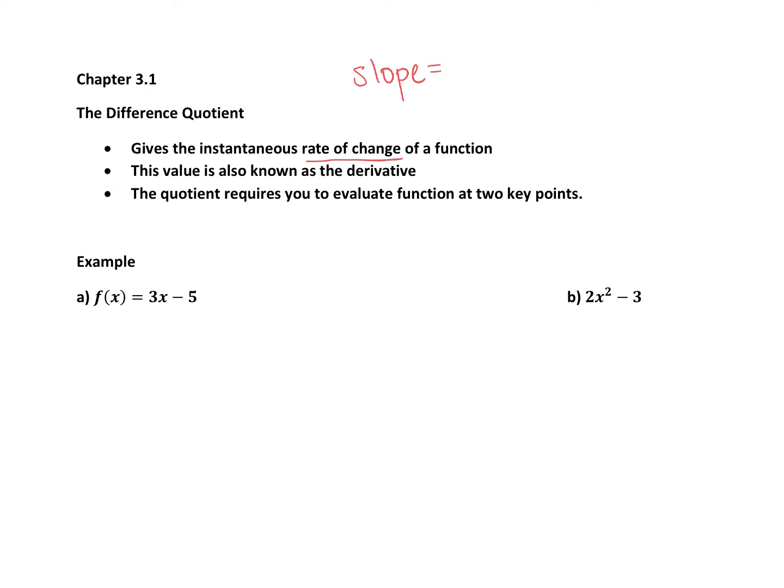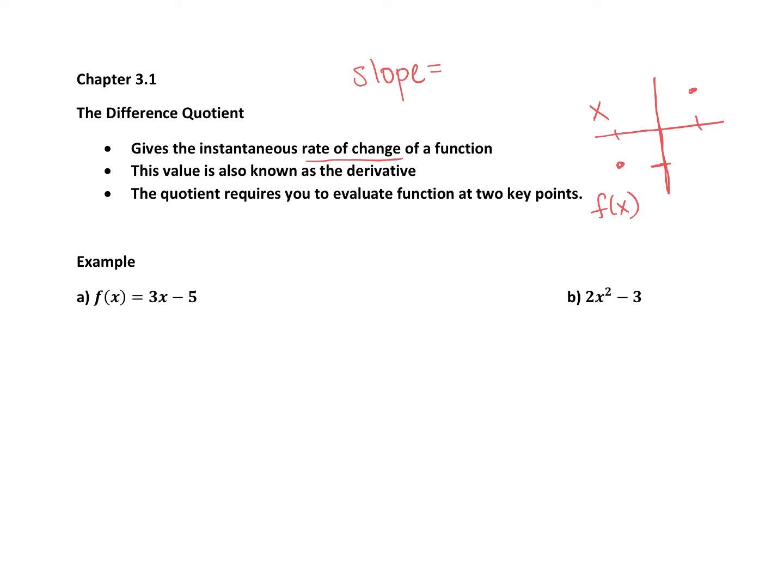And if you don't know this, the slope is found by taking 2 points on a line and calculating their rise over their run. So we can have a point here and a point here. This original point is what we'll call x. And the y value for x is what we're going to call f of x.